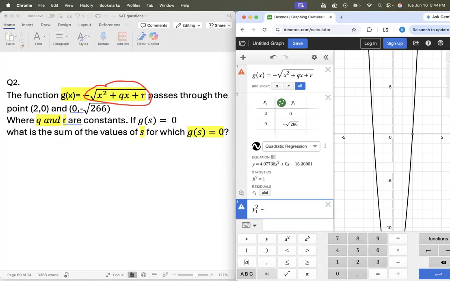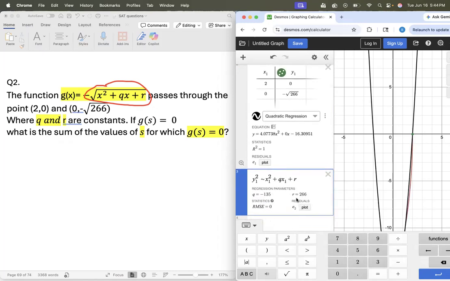And now I have s squared plus qs plus r. And you've got to make these coefficients 1 and 1. And boom, it gives you q is what? Negative 135. That's q.